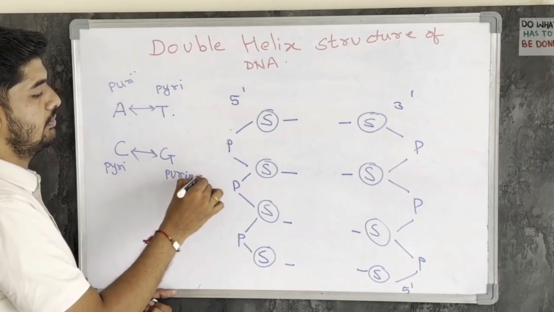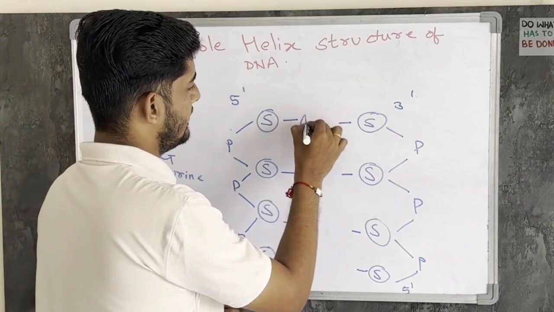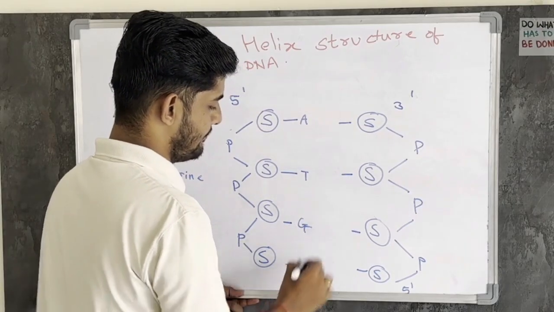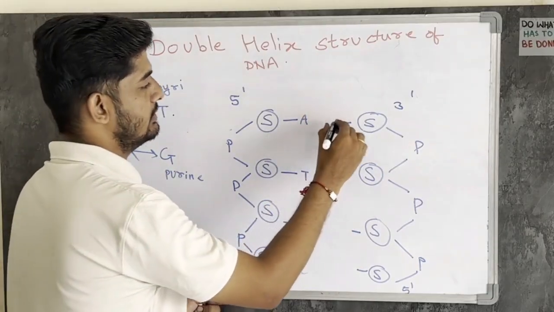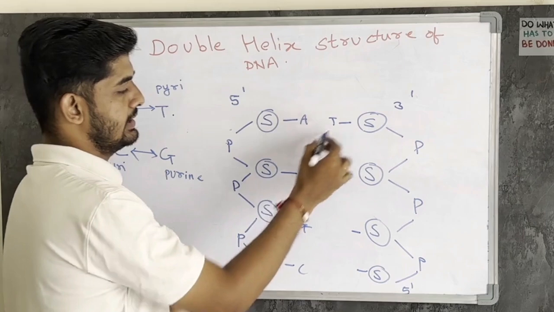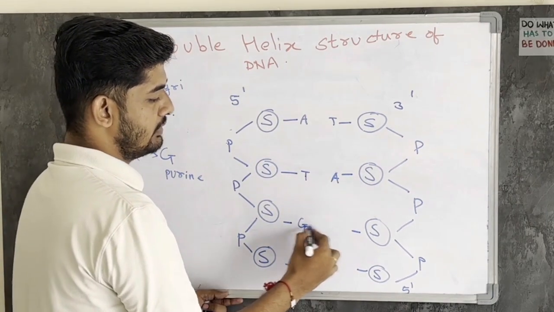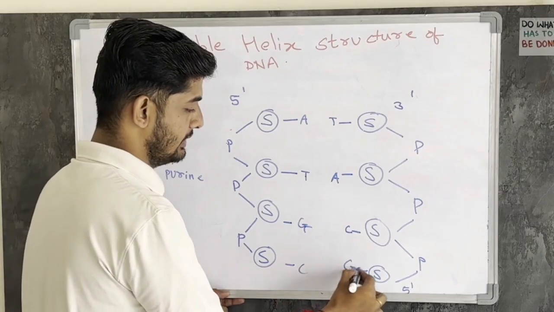So in the opposite strand to adenine, there will be thymine. Thymine will form a bond with adenine, guanine will form a bond with cytosine, and cytosine will form a bond with guanine.